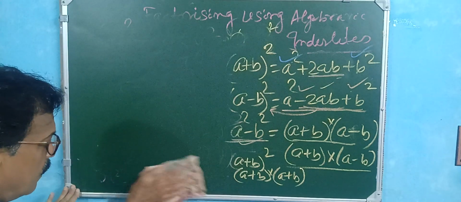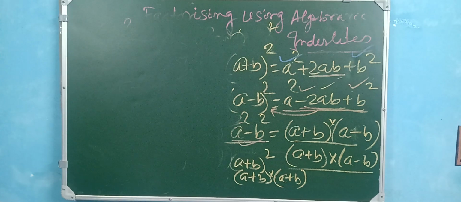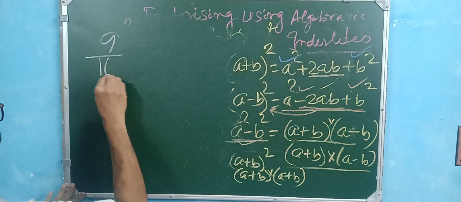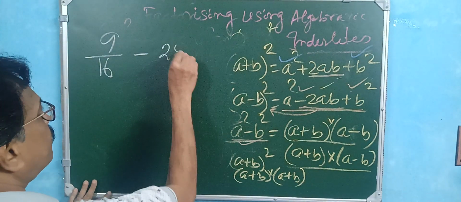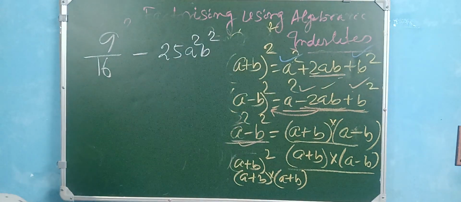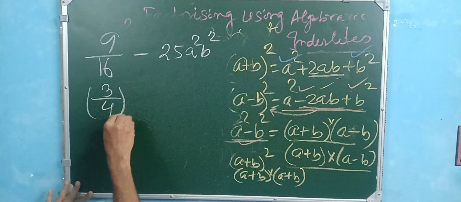And this is the last sum for today. Okay. Now this is 9 by 16 minus 25a square b square. No problem. 9 by 16, that means you know 3 by 4 whole square.